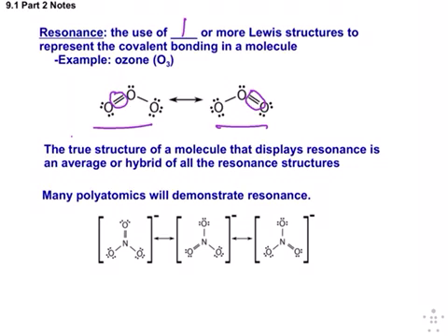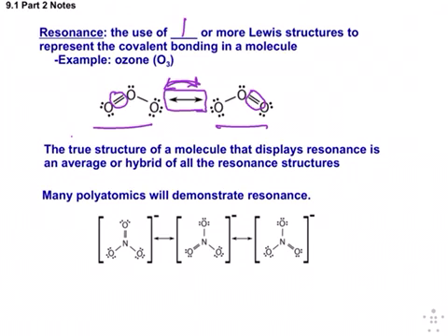We can't really draw a hybrid, so we indicate with this double-headed arrow that the real structure is somewhere in between the 2 or the 3, sometimes even 4 possibilities. Okay?